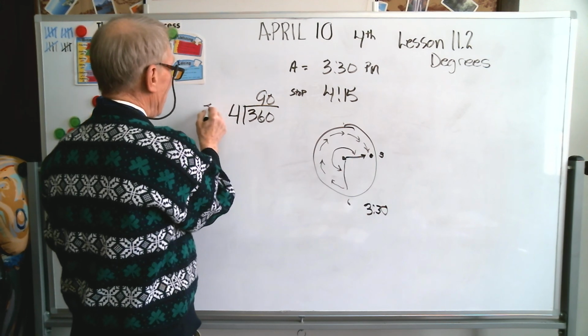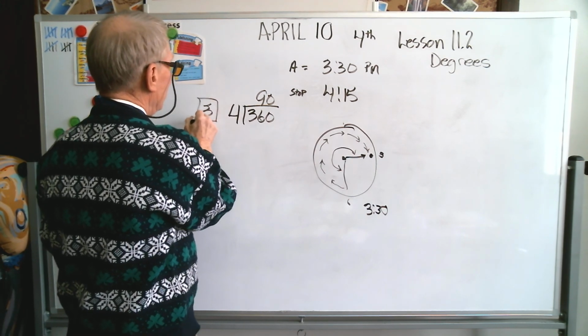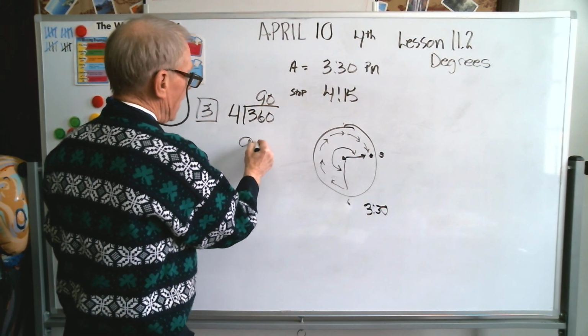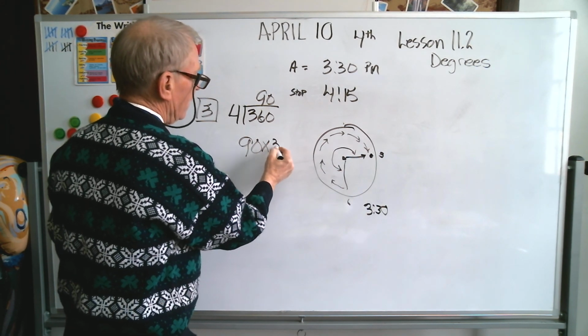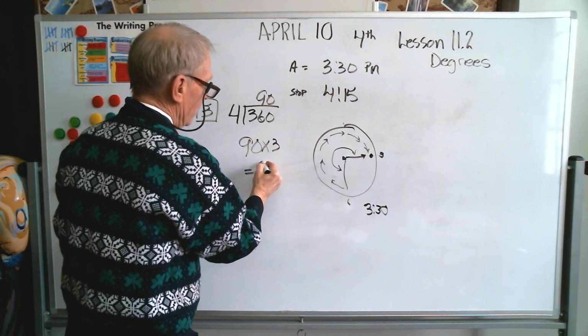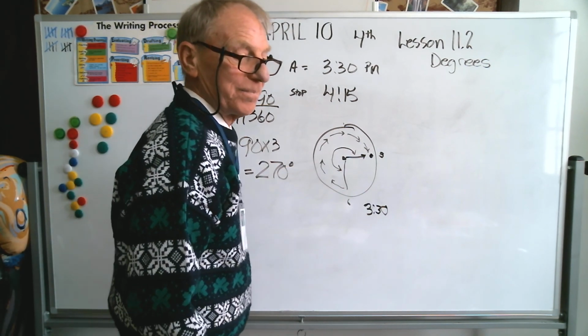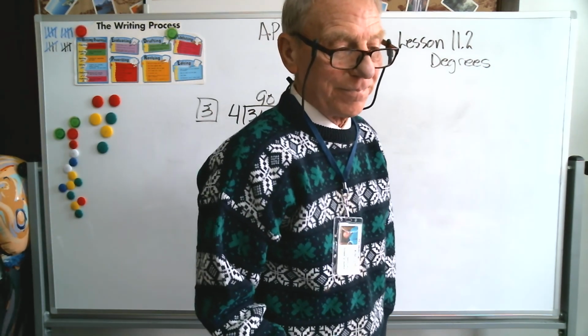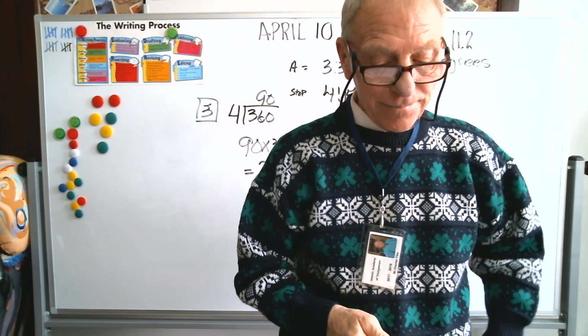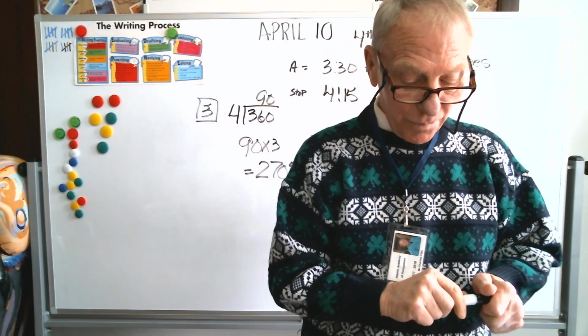And because we had 3/4, we're going to take the 90 times 3, and that equals 270 degrees. Got it? All right. This is pretty basic stuff.